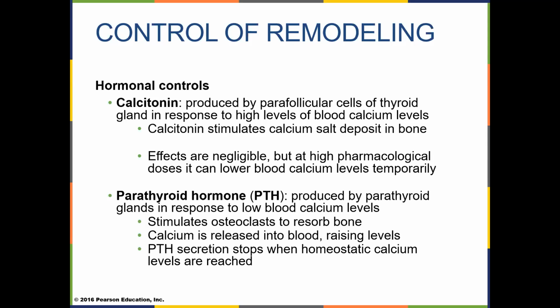Parathyroid hormone gets released from the parathyroid glands. Now, the parathyroid glands are on the posterior surface of the thyroid gland. So let me show you here. Okay, this is the thyroid gland right here. You're looking at the anterior surface.